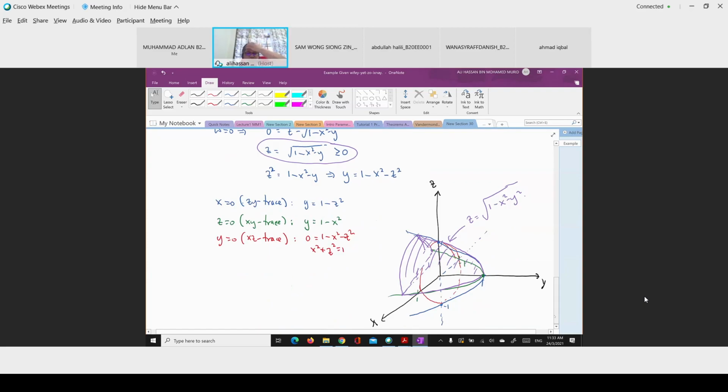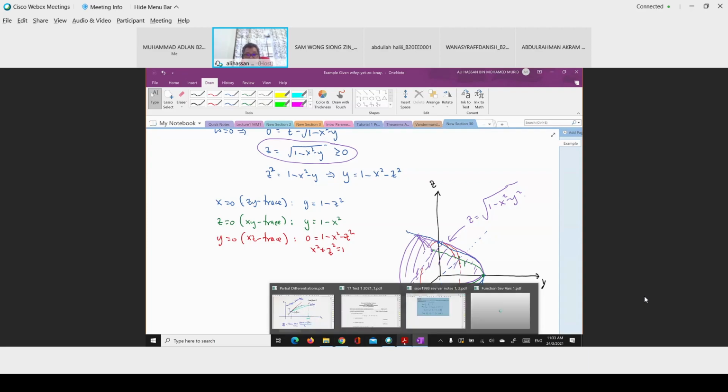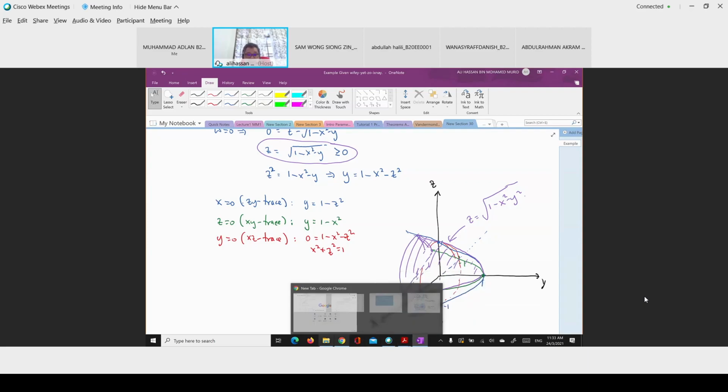Okay, so I have discussed these functions of two variables, three variables, their domains, their ranges, and also some ideas of sketching the graphs of functions of two variables and level curves and level surfaces for functions of three variables. The topic on differentiation.